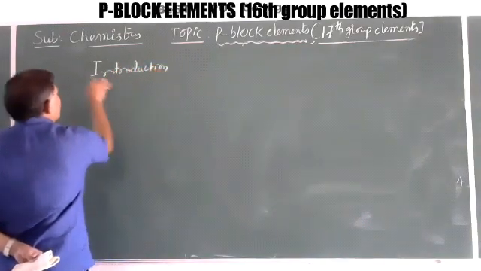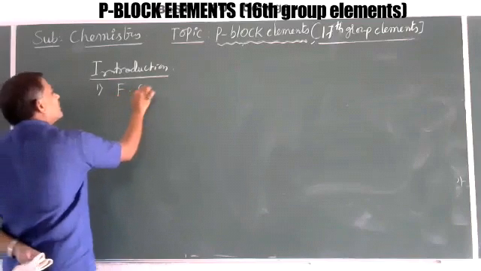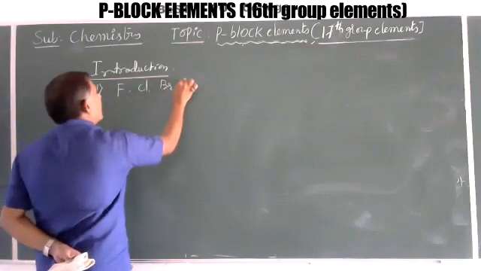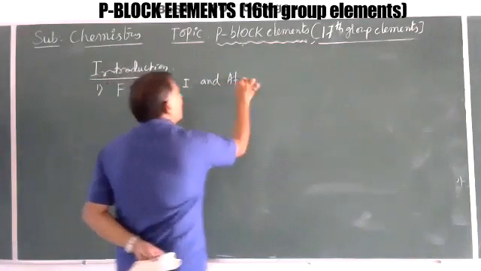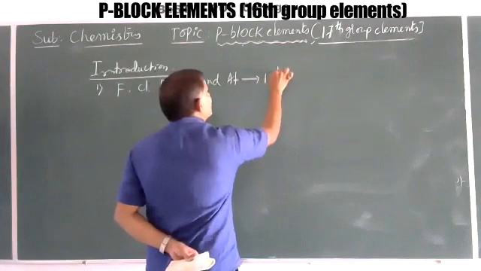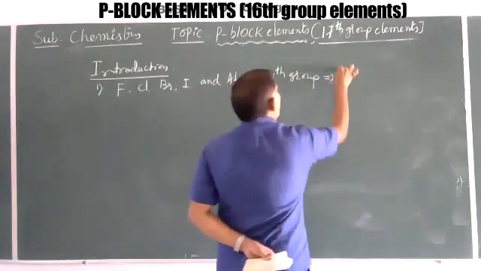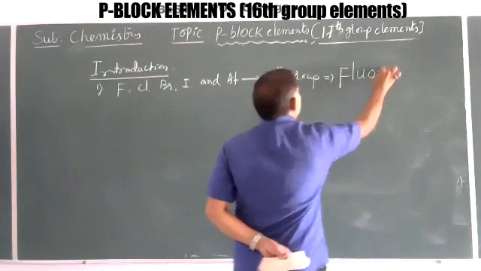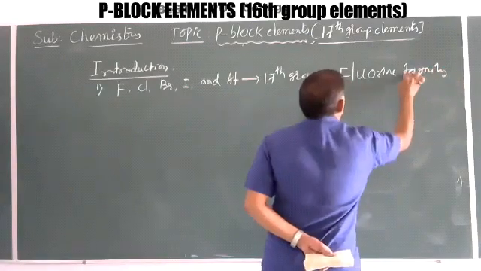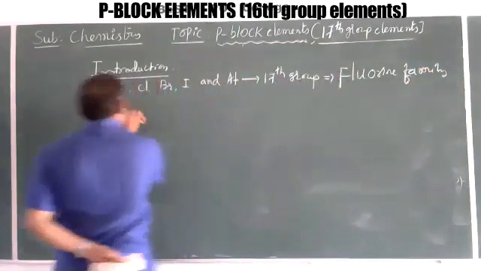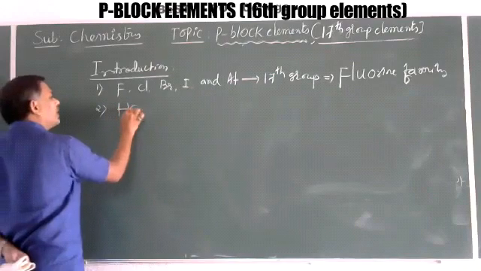In this introduction, first one: fluorine, chlorine, bromine, iodine and astatine (At) are collectively called 17th group elements. 17th group is also called the fluorine family. This fluorine family, 17th group elements, are also called halogens.